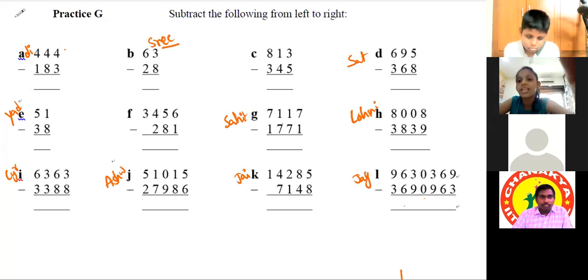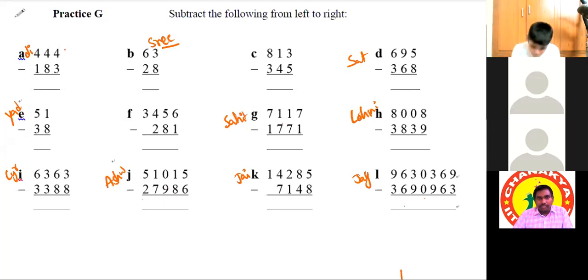Sir, first the left side one is 1. The answer is... Wait. Who is answering and which question are you answering? Sir, I'm Sri Harsha. B1. Which question are you answering? B1, this is for Sri Harsha. Sri Vallabha, take another question. Sir, it's for me only, sir.